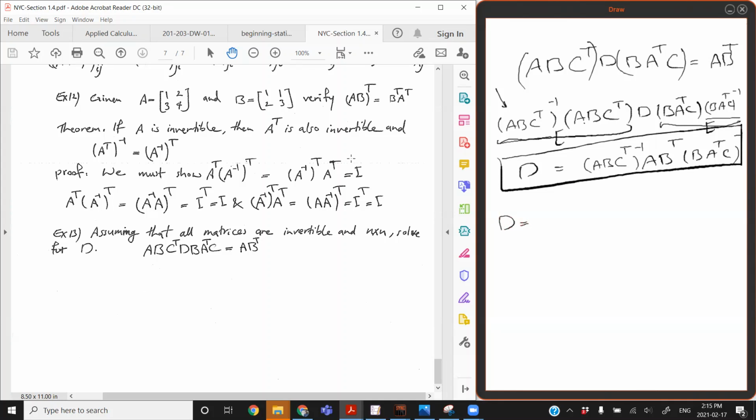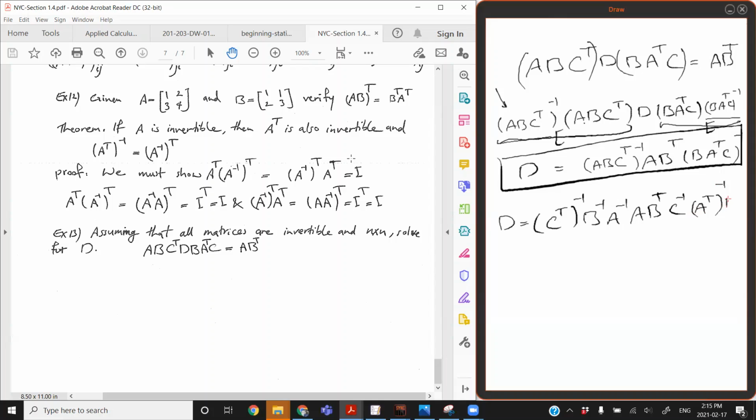So D is going to be, let's see, I'm going to use the fact that the inverse of a product is the product of the inverses in reverse order. So this is going to be C transpose inverse times B transpose times A transpose. Then I have A B transpose. Then I have C inverse A transpose inverse.